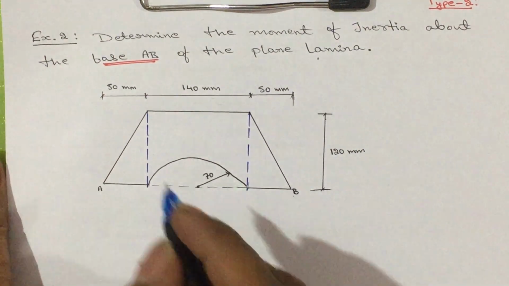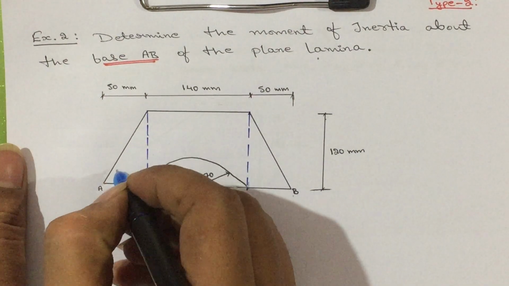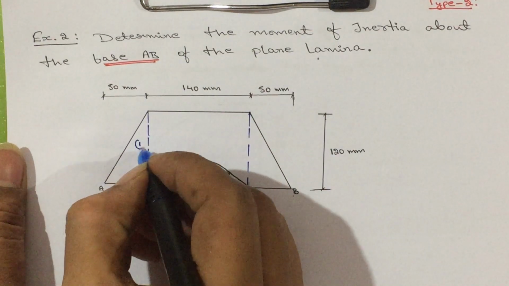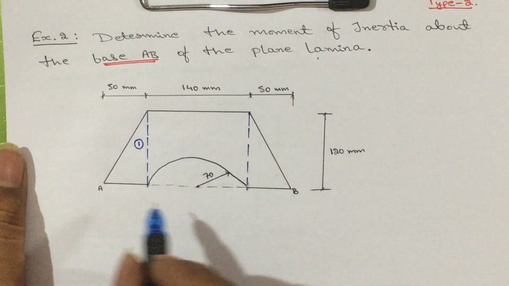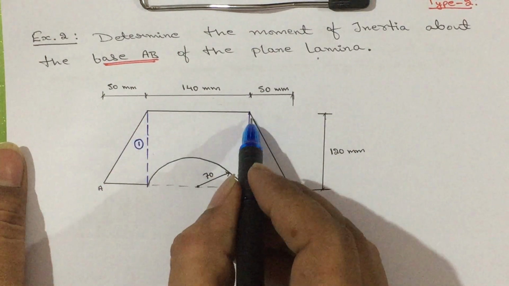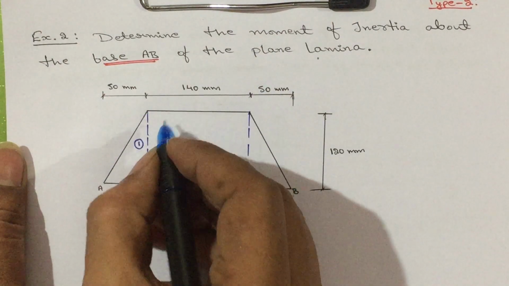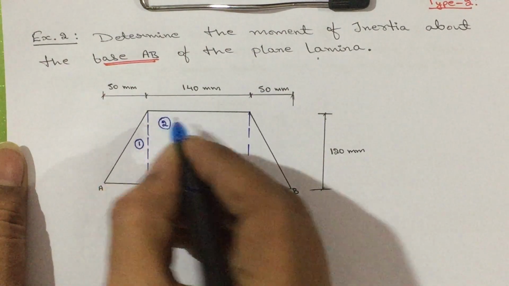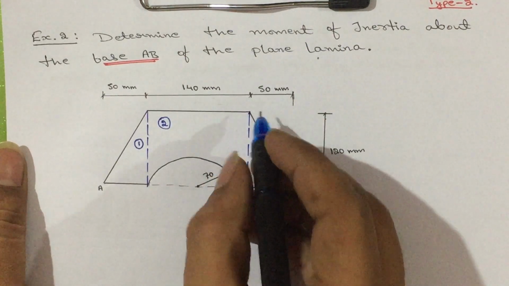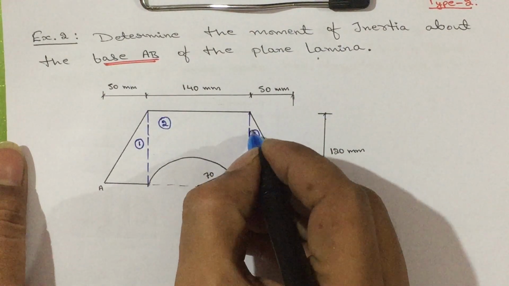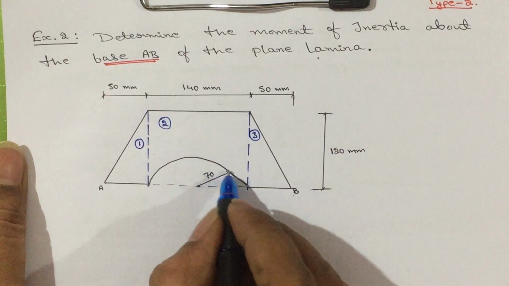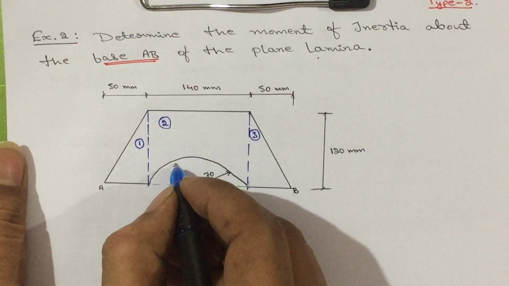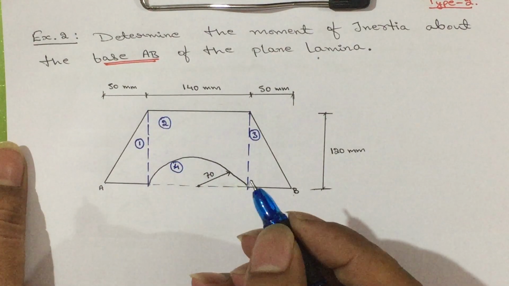This triangle I am going to take it as 1, this triangle. Then this whole rectangle I am going to take it as 2. Then this triangle I am going to take it as 3. Then here it is a semicircle, we do not want this one, I am going to take it as 4.